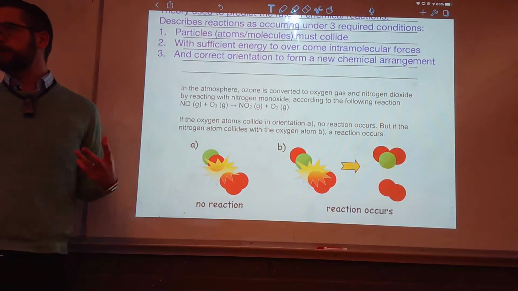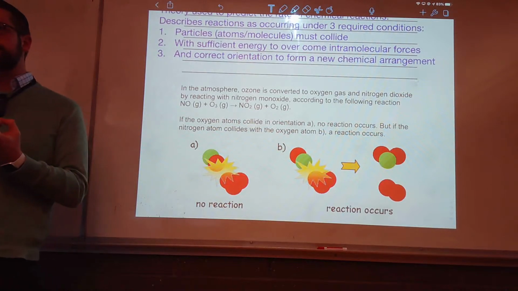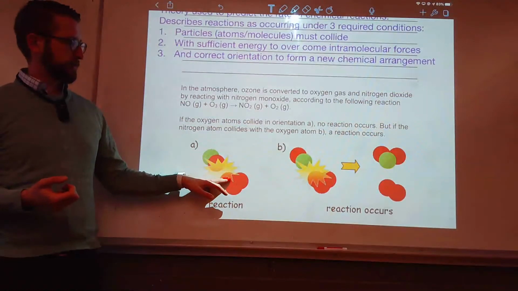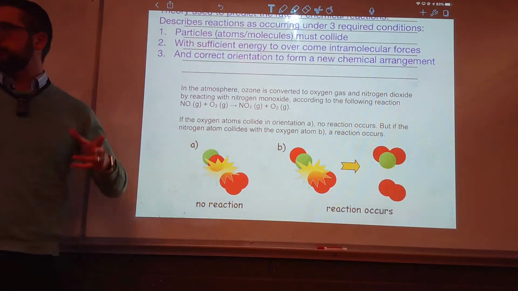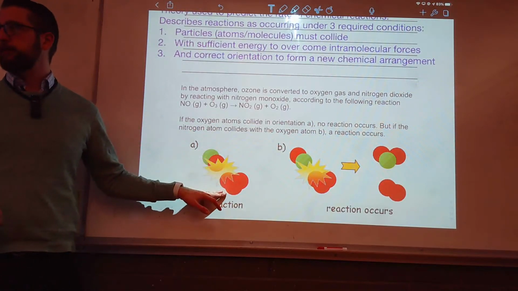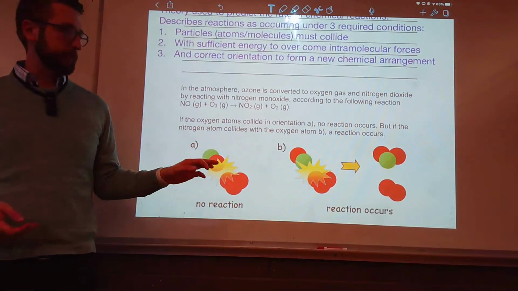So both oxygens are very electronegative. They're holding on to their electrons very tightly. So there's no attraction between the electrons. The electrons cannot jump over and form a new bond between the two oxygens. It's just not likely in this arrangement.